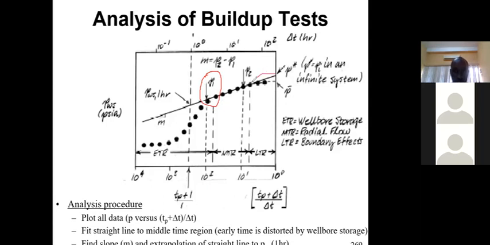And then here, this is also a deviation from the straight line, and this is due to reservoir boundaries. However, typically you would use points on the straight line. The straight line is your infinite acting radial flow. So please take note of that.